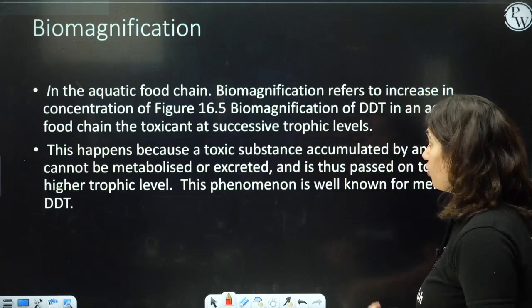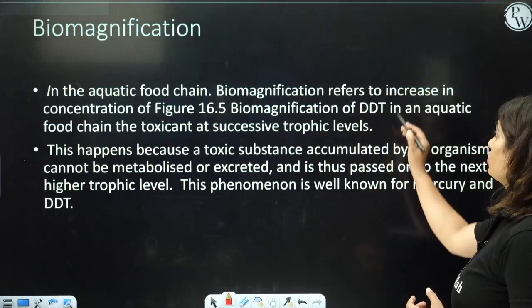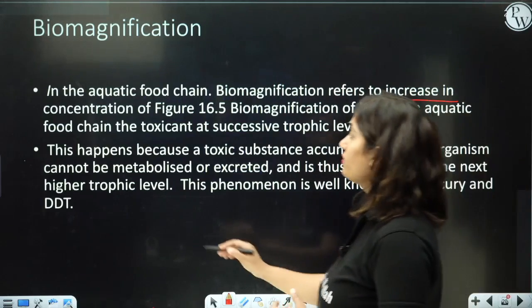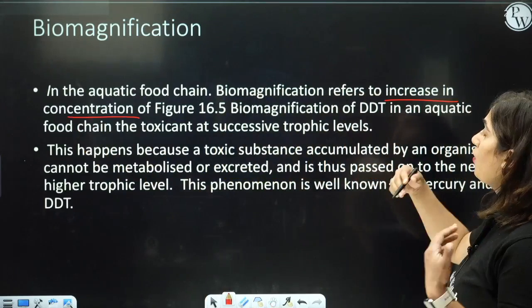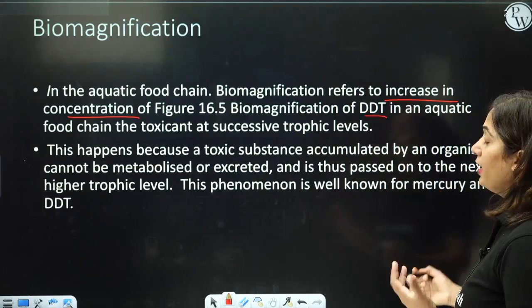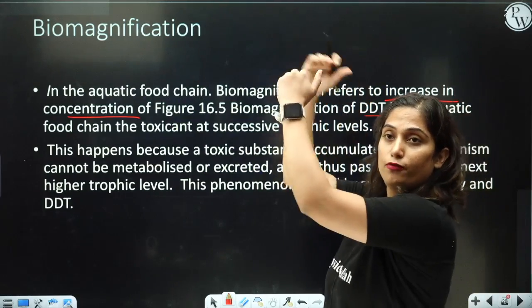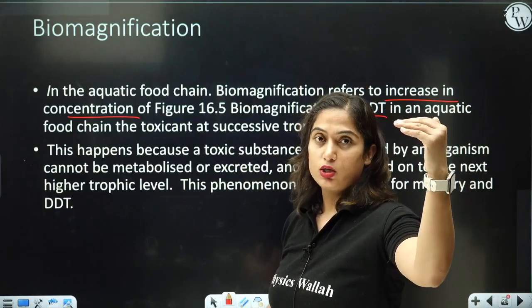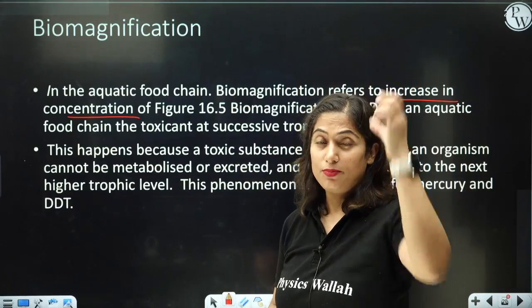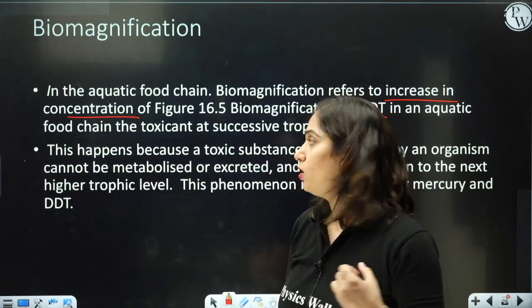So, in the aquatic food chain, biomagnification refers to an increase in concentration of substances like DDT, right? When you move from one trophic level to another, the concentration of that particular substance increases in the food chain because it is not digested inside the organism.